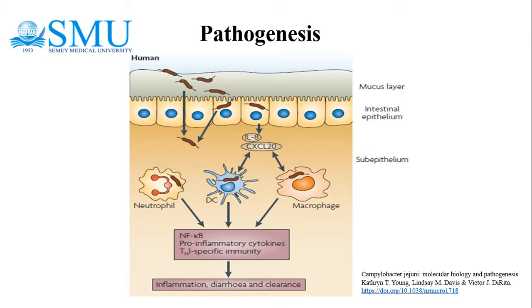Campylobacter jejuni binds to and is internalized by epithelial cells. The induction of interleukin-8 causes the recruitment of dendritic cells, macrophages and neutrophils, which interact with Campylobacter jejuni. These interactions result in a massive pro-inflammatory response and increases in the corresponding cytokines.